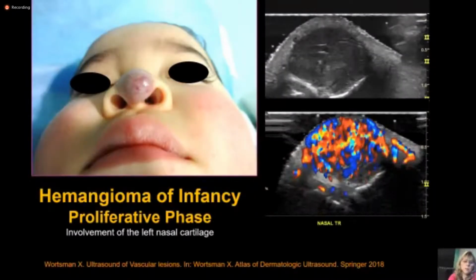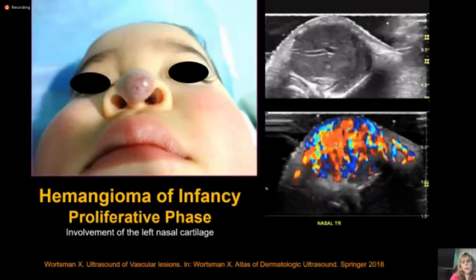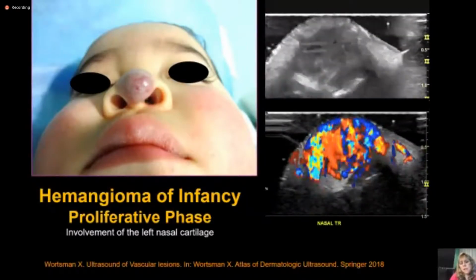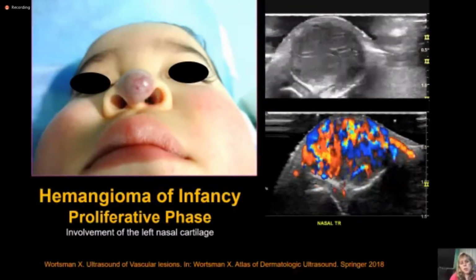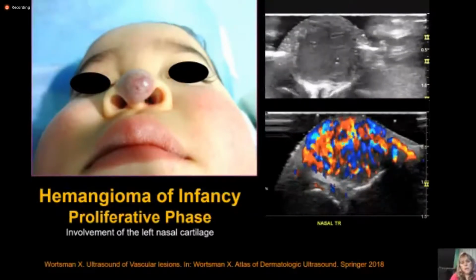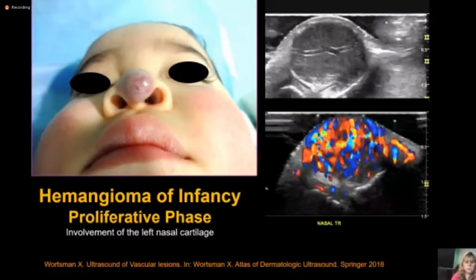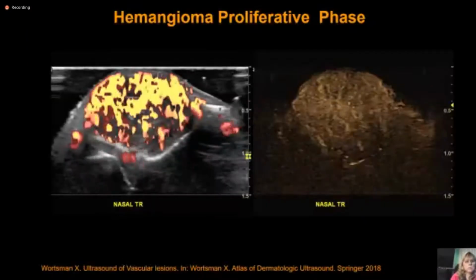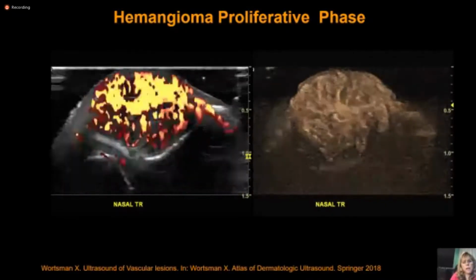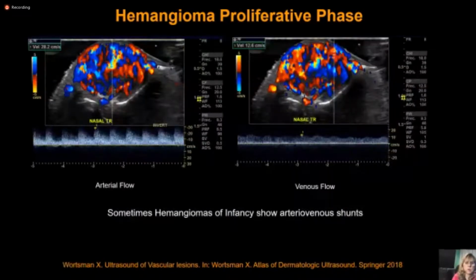This is a hemangioma of infancy in proliferative phase. Look on grayscale the hypoechoic lesion in the nasal tip. This hemangioma is involving the nasal cartilage on the left, presents a high hypervascularity, as you see here in the power Doppler and in the echoangio image and video.